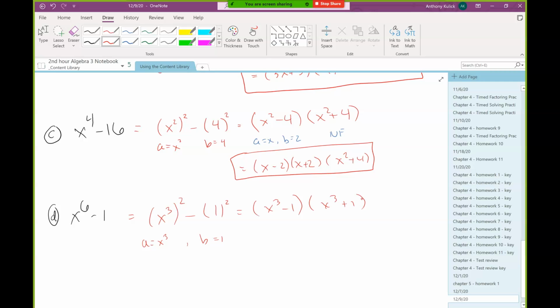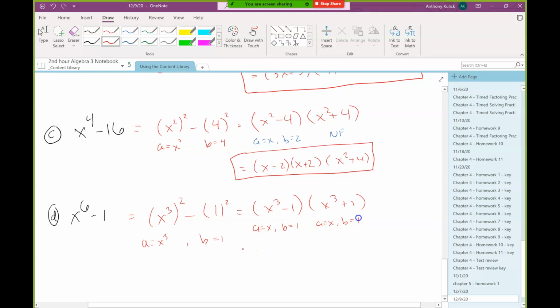Oh, but look at these two. The first one is a difference of two cubes, and the second one is a sum of two cubes. I know x cubed is just x cubed, so the a is x, and 1 cubed is 1, so I know b is 1. And similarly here, I know a is x.